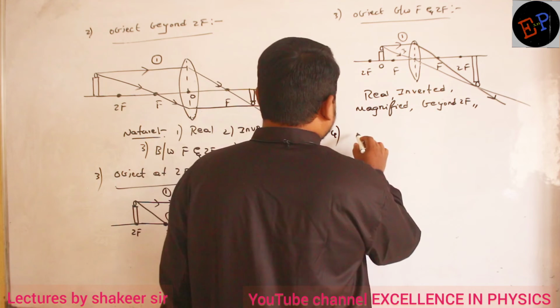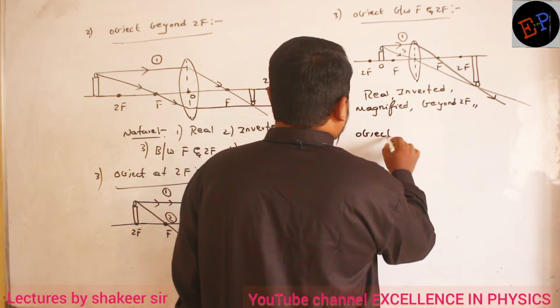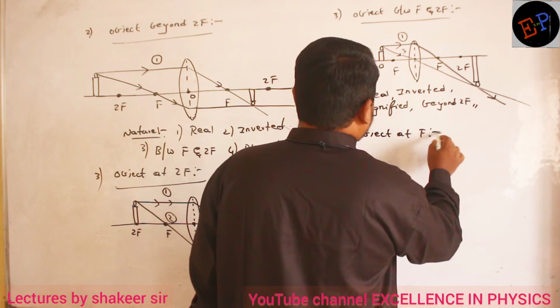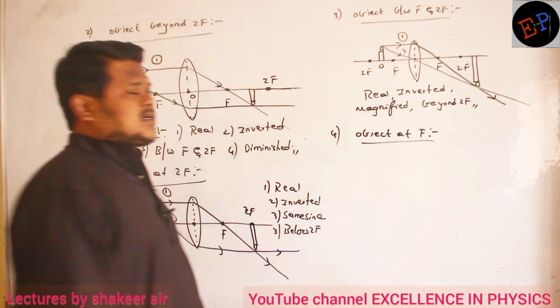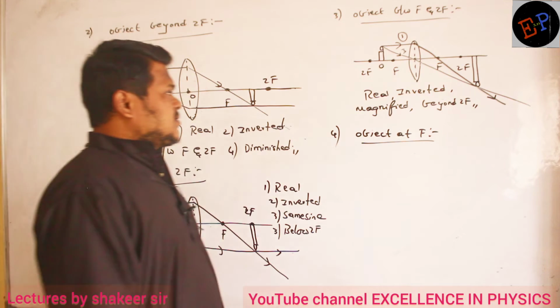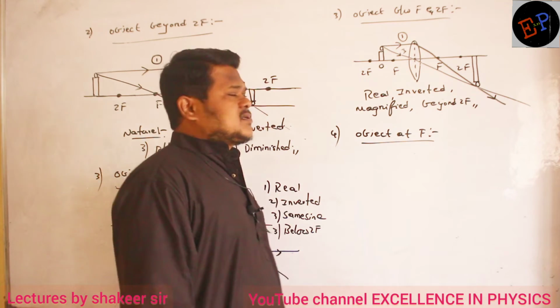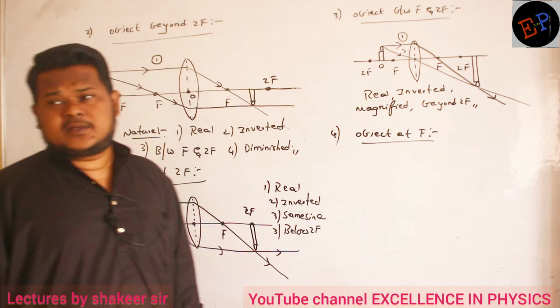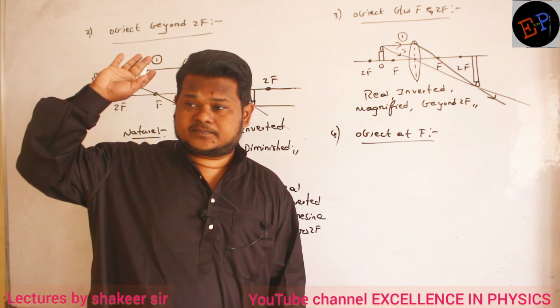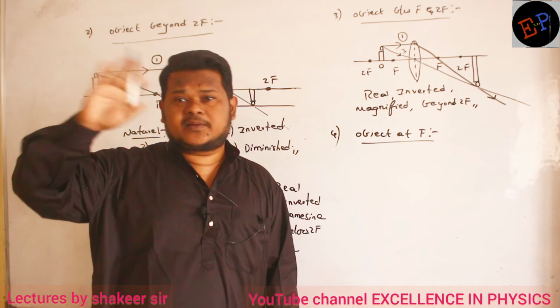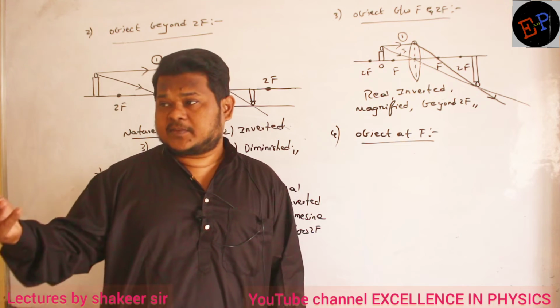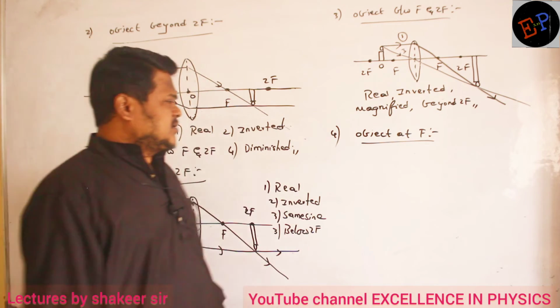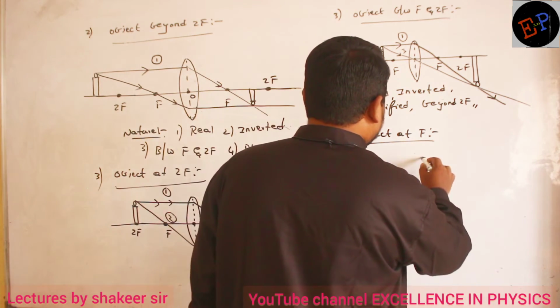Fourth one, object at f, the focal length. Clear? Object exactly at the focus. So previously when the object was at the focus, where was the image created? The image was created at infinity. Real image, inverted image, very big image, highly magnified image. Now here also you see what kind of nature you will get. Clear now?